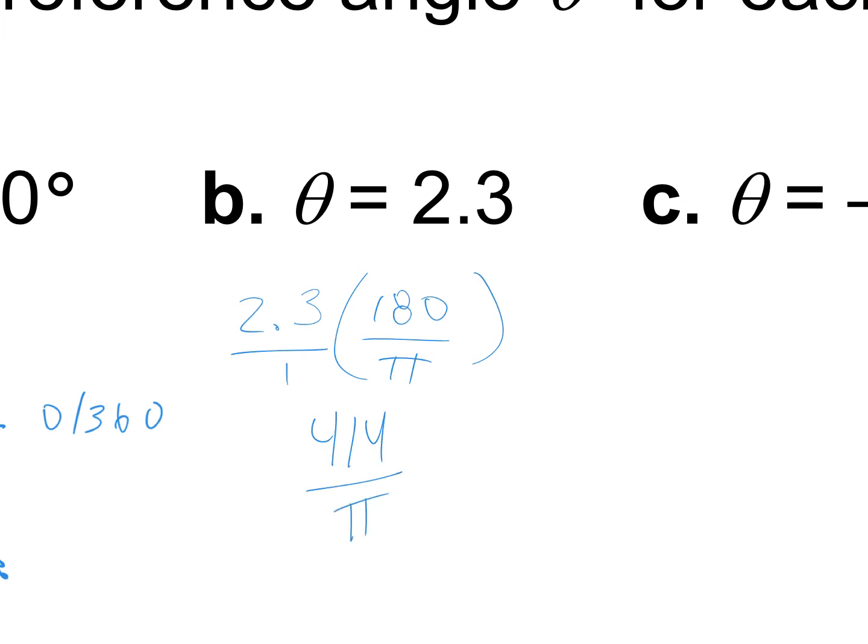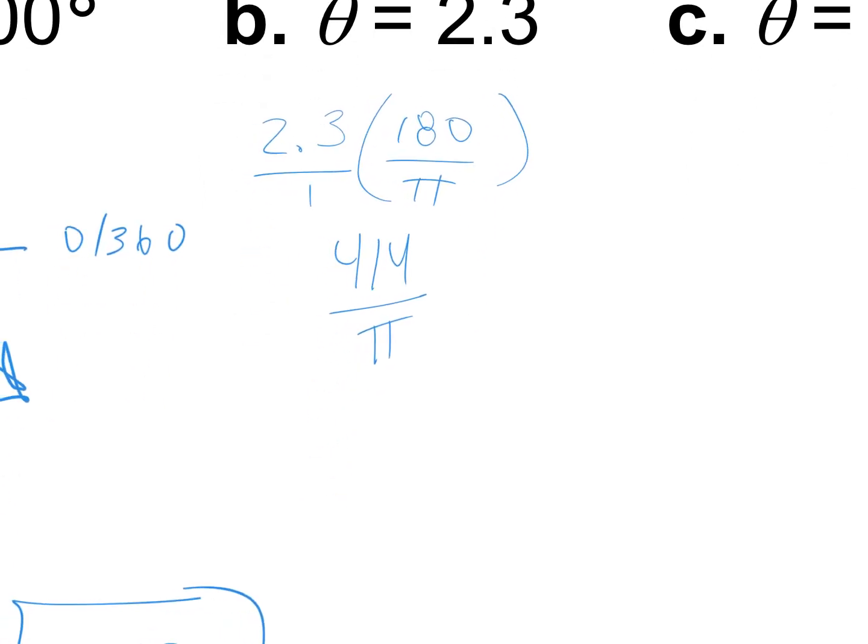What's 414 divided by pi? 131.7. Okay, so this is about 131.7 degrees, and then you guys can figure out where that is. If you had a calculator, yes, you could do that. I am not going to have you multiply 2.3 times 180 and then divide it by 3.14.